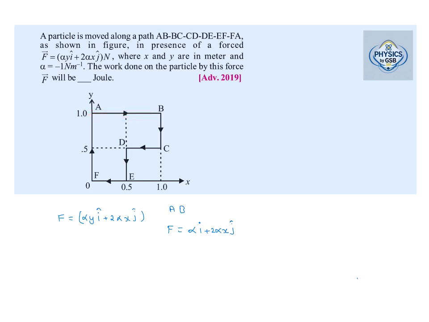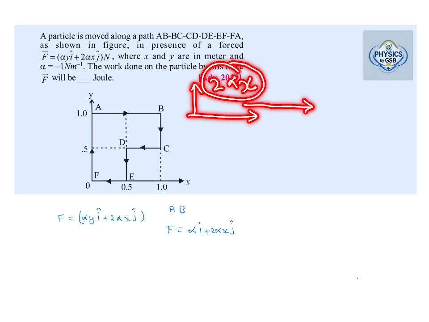But now please see here, this alpha i cap is in the direction of the x-axis and twice alpha x is towards the y direction. And our particle is moving in the x direction and force is acting in the y direction. So work done by this force will be 0.